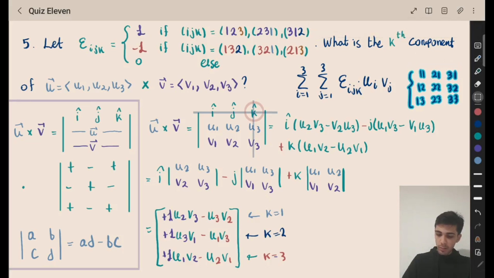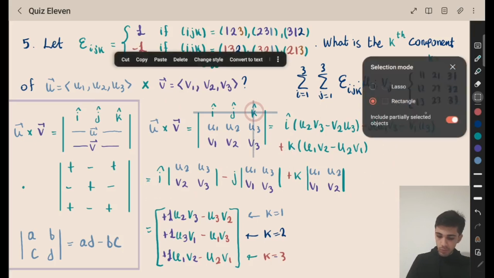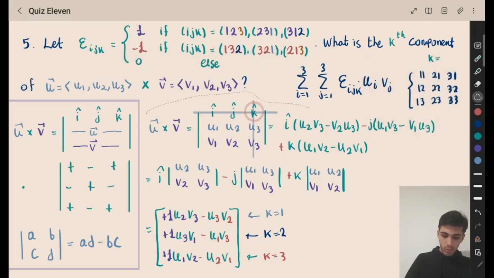So this is just an example. Let's say that, for the sake of this discussion, we're looking at the kth component. So I would like to give myself a little bit more space here. Let me do that.